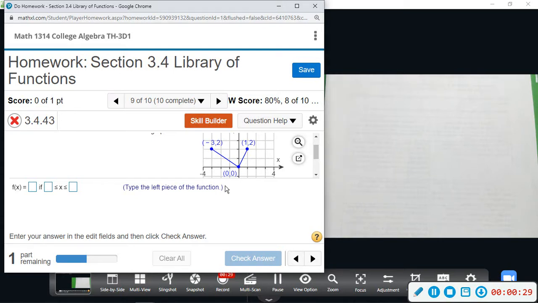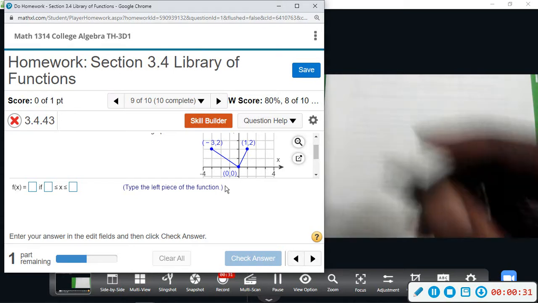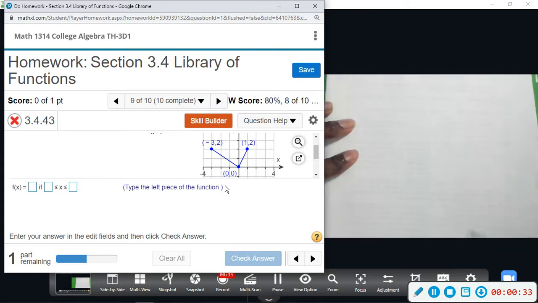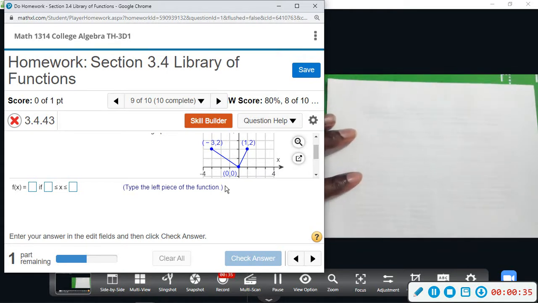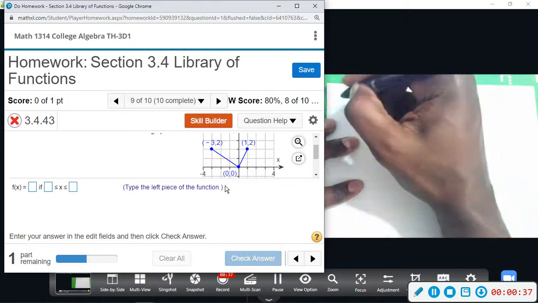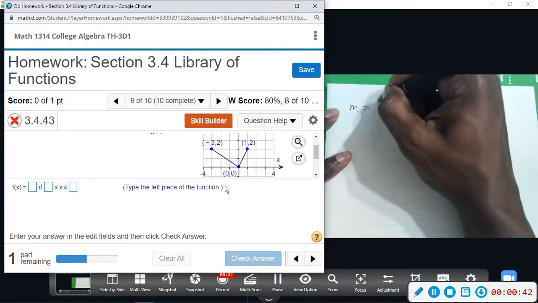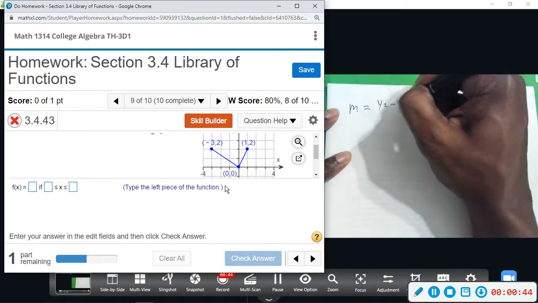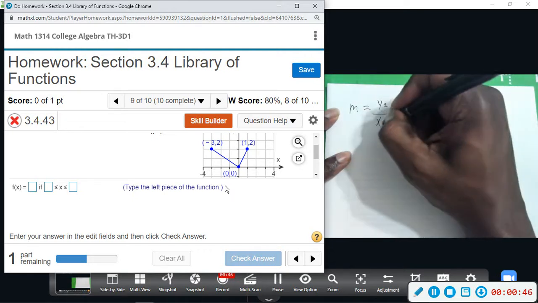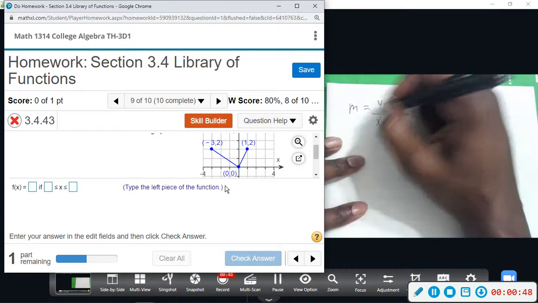So there's 2 ways that you can do this. One is you can do slope formula to find the slope. So you can do m equals y2 minus y1 over x2 minus x1 and find the slope.